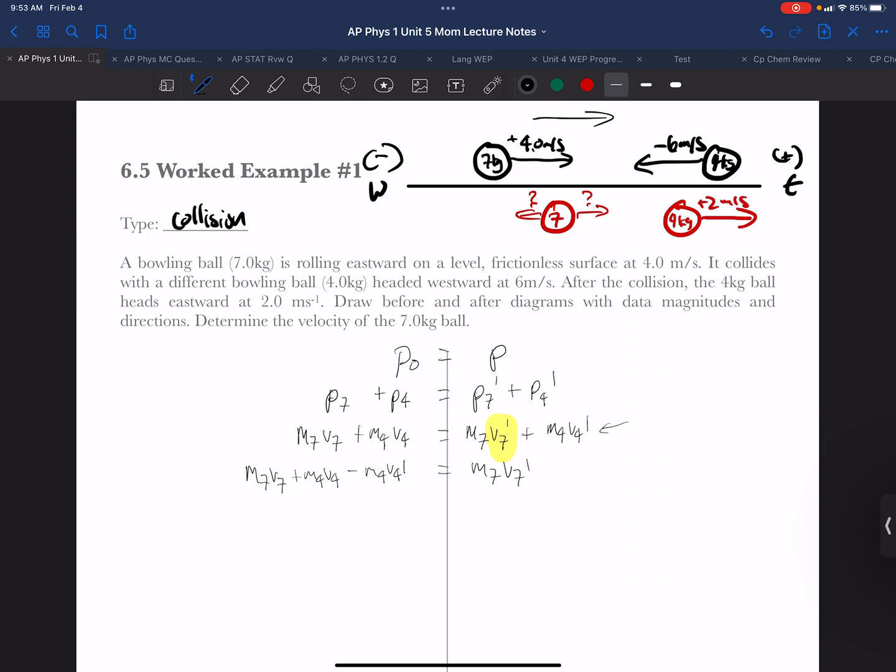Now to get V7 prime, of course, we must divide both sides by M7. So now we have our expression. With these momentum calculations, what we're doing is an accounting. Since we have a law that things must be preserved, we're just checking and balancing and finding out where it all is and where it's going.